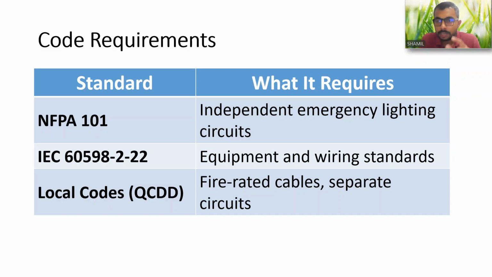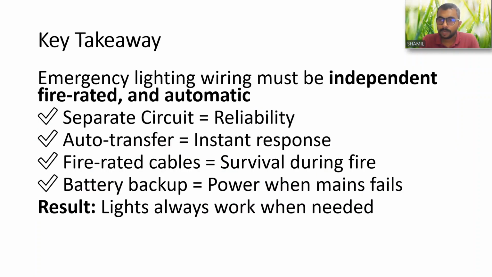So this is about the code requirements when it comes to the wiring and power requirements for the emergency and exit lights. To summarize, the emergency and exit light must be independent, it should be fire rated, and it should be automatic. The reason why we have a separate circuit is to ensure reliability for the emergency lighting circuit. The auto transfer aspect is to automatically switch to the battery supply, so that we will get an instantaneous response.